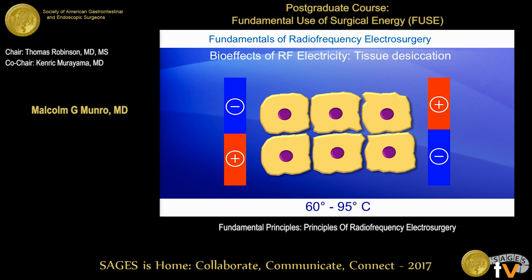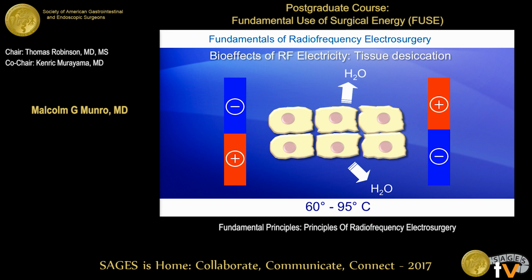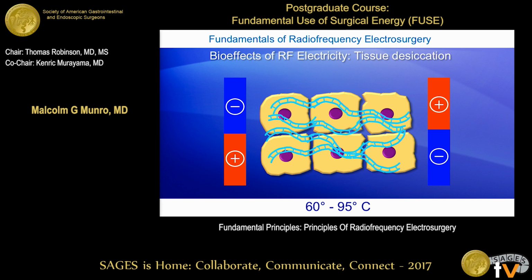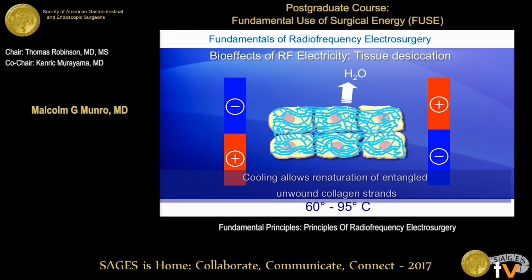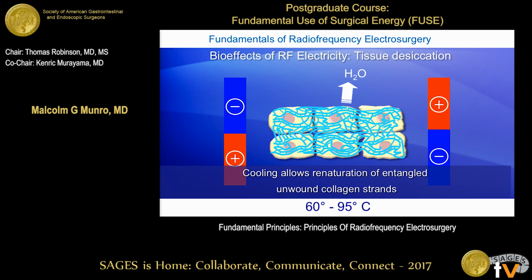So we get shrinkage, so that's desiccation. And then the other thing that happens is we have these proteins in the cell, and we get hydrothermal rupture of those cross-links, and then they quickly reform. So there are two simultaneous processes going on here, desiccation and coagulation.